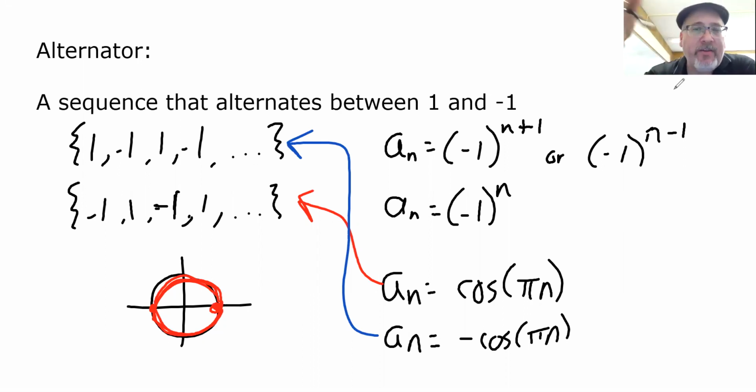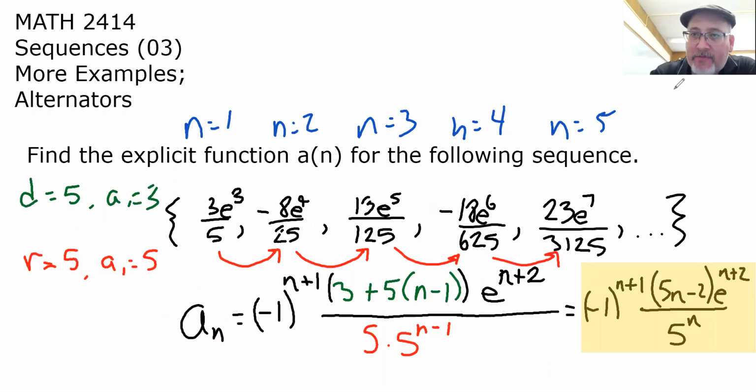So whenever you see negative 1 to a power in a sequence, its purpose is to alternate the signs between positive and negative in the individual terms. And vice versa, if you see a sequence that has alternating signs, then you can expect its explicit version to have some sort of alternator inside of it to cause that alternating of signs.